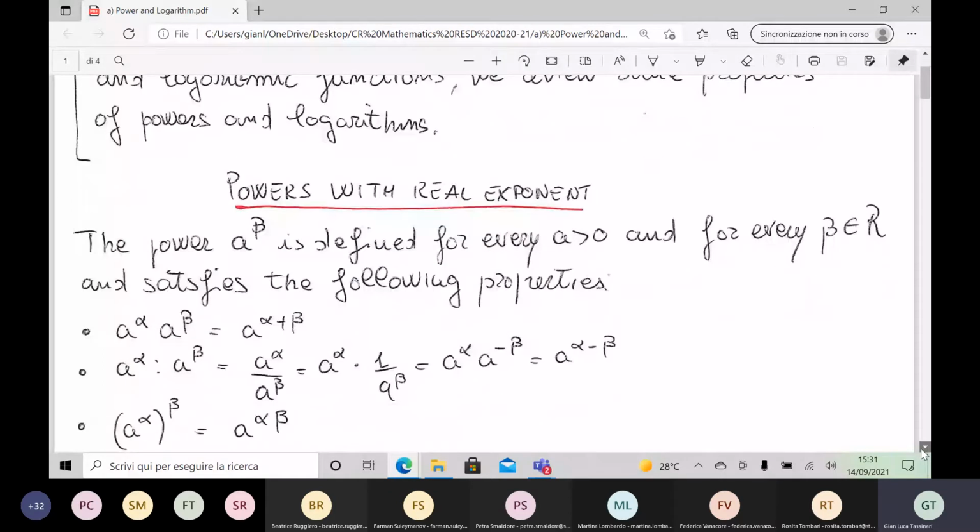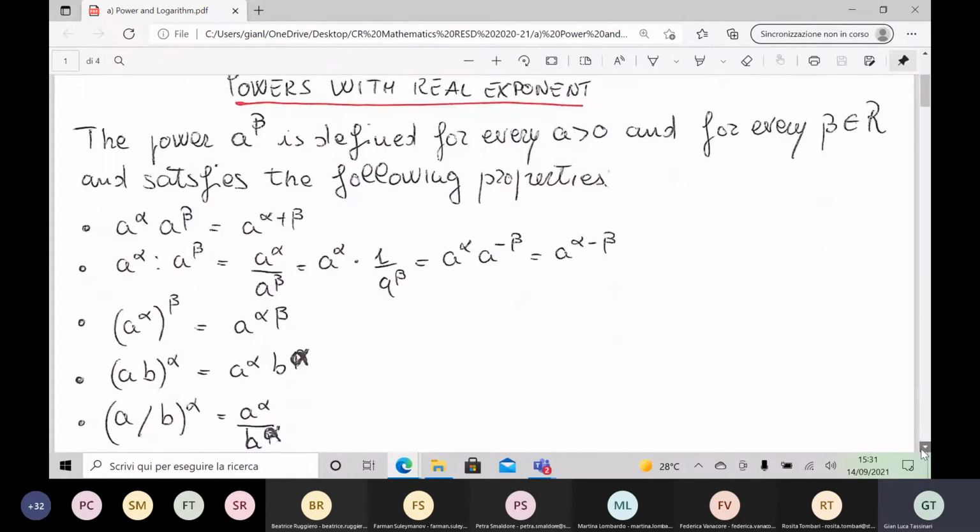Powers with real exponent. The power a to the power beta is defined for every value of a, which is the basis, positive, and for every beta belonging to R. So a, the basis, must be strictly positive, and beta, the exponent, can be any real number.